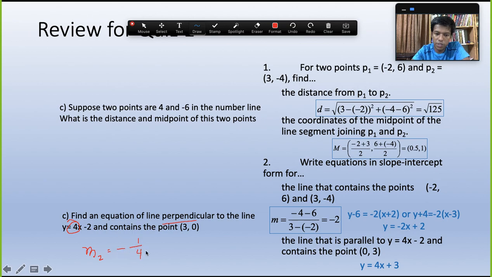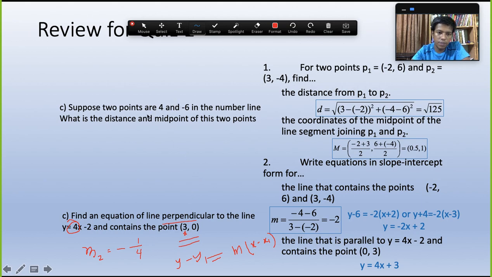So you will use this minus 1 by 4 and this point in the point-slope form of the equation, which is y minus y1 equals m into x minus x1. So m is minus 1 by 4, and this is the x1, this is the y1.